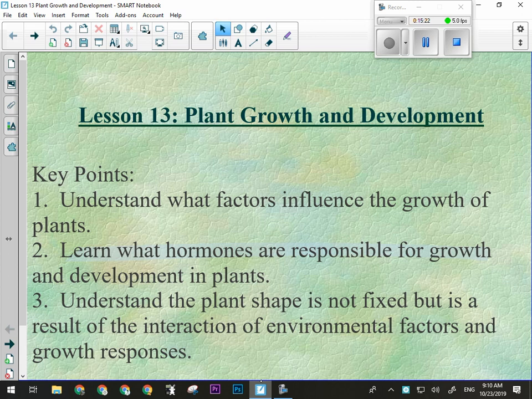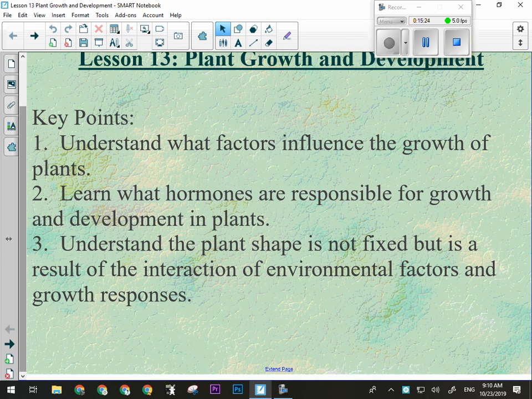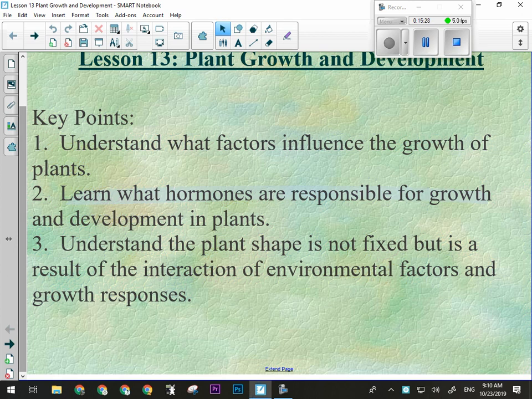Now, the other thing we need to realize is that plant shape is not fixed. There is not a genetic blueprint for a plant that says when this plant is mature, it will look like this. A plant's shape is influenced by the interactions between the plant's genetic code and the environmental conditions to which it is exposed.